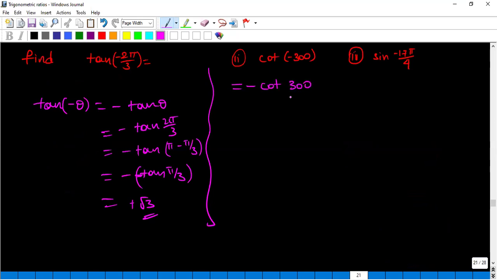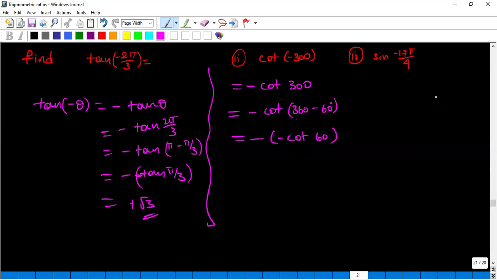But I don't know what cot 300 is. This I can rearrange like cot 360 minus 60. Cot 360 minus 60 is nothing but minus cot 60.